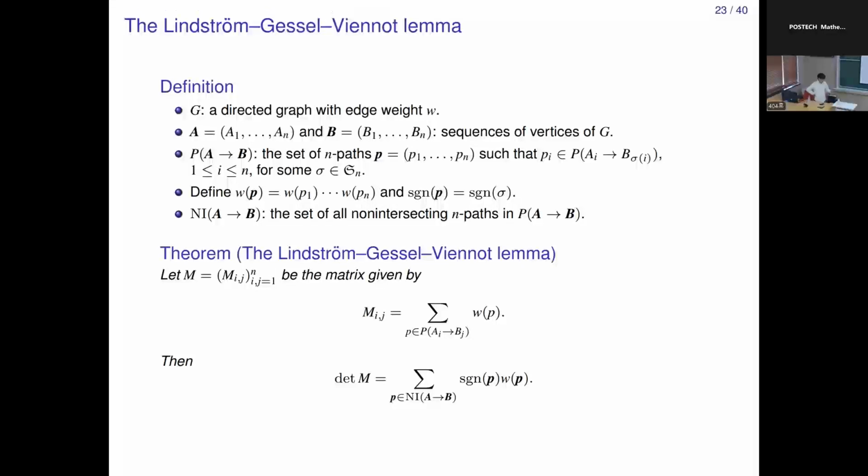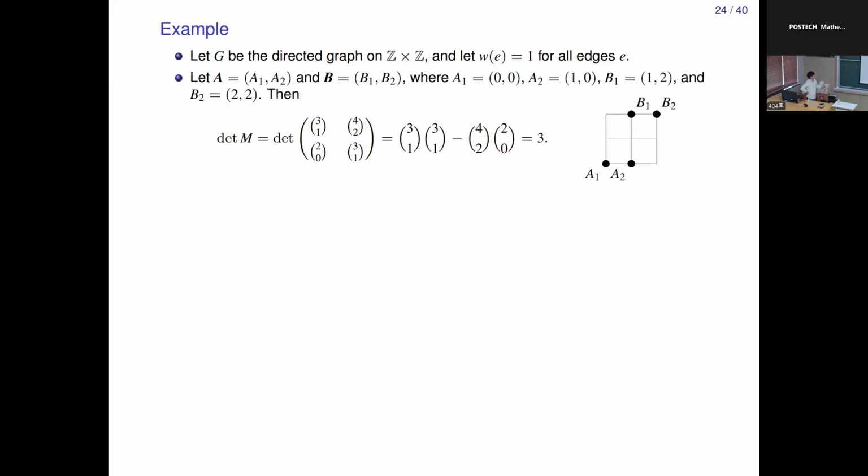Let me give you an example. So again, we have the grid, and for simplicity, I'm going to define all the weights to be 1. And let's say A1, A2, and B1, B2 are given like this. So what is the matrix? The ij entry must be the number of paths from A_i to B_j. So the 1,1 entry means the number of paths from A1 to B1.